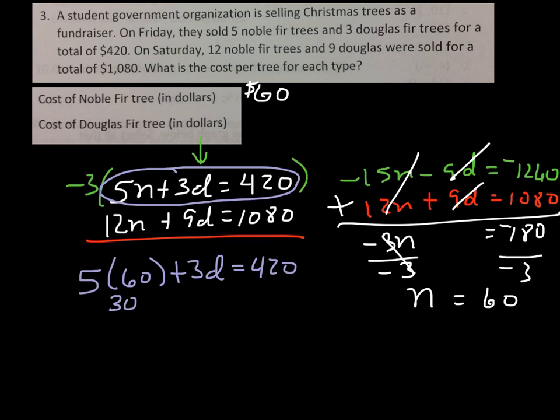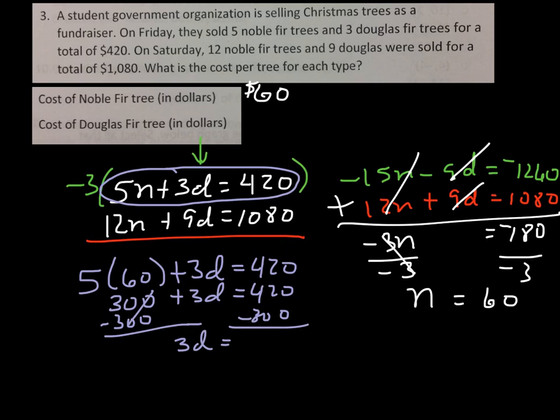This is 300 plus 3D equals 420. I'm going to subtract 300, and I get 3D is equal to 120. When I divide by 3, I get D is equal to 40. Therefore, a Douglas fir tree costs $40. So $60 for a noble fir tree and $40 for a Douglas.